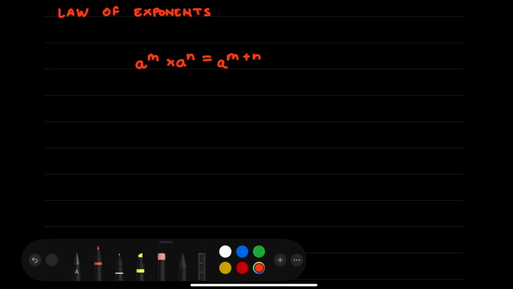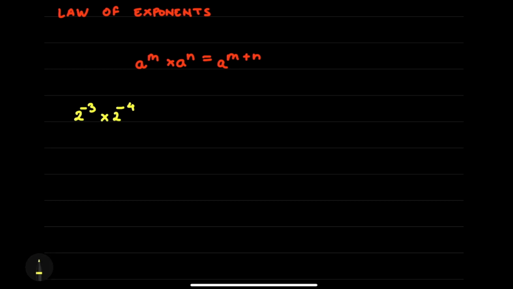Let's observe. Let's take an example of 2 to the power minus 3 into 2 to the power minus 4. We will again convert them into positive exponents by taking the reciprocal and solve again. And we again see that the rule is also possible for negative exponents.